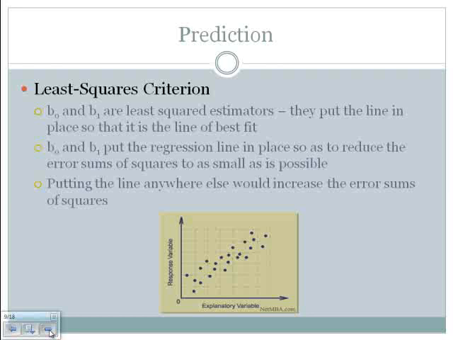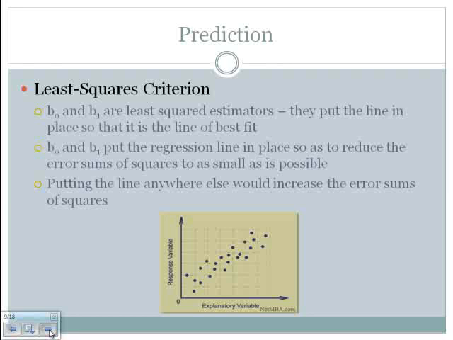Because of that, beta naught and beta 1 are called least squares estimators, or LSEs. Beta naught and beta 1 are least squares estimators because once they are calculated, they're what put that line in the best place. Much better than what our eyeball will do. So beta naught and beta 1 put the regression line in the place so as to reduce the error sums of squares to as small as possible. Another way of saying that is that if we put the line anywhere else, we would increase the error sums of squares.